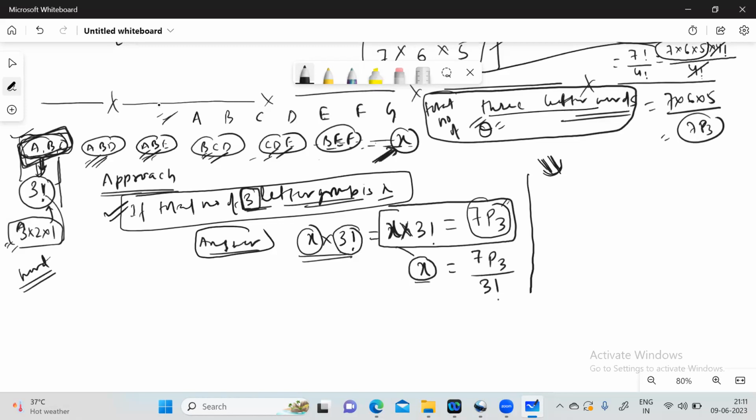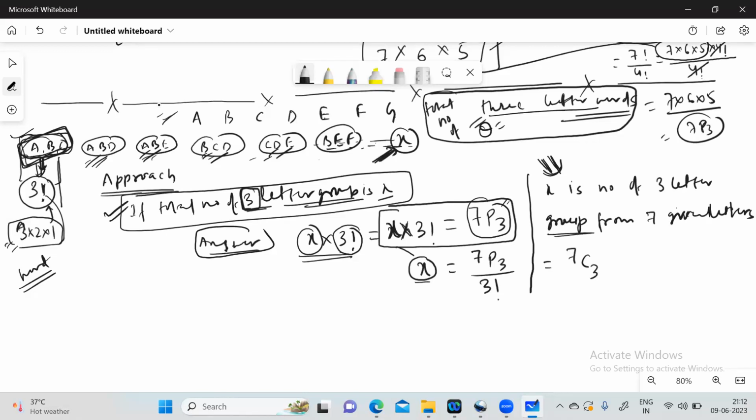So now X is the number of 3-letter groups from 7 given letters. So I will denote this as 7C3.